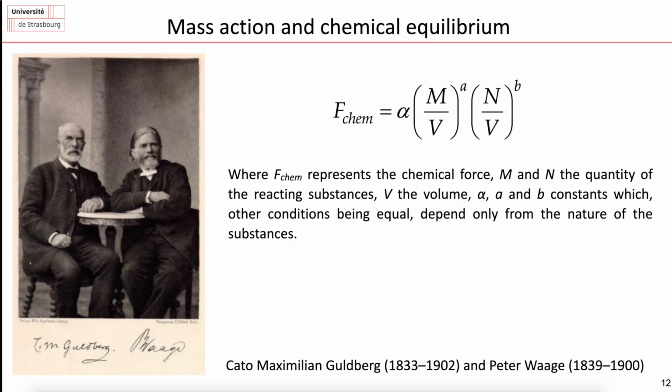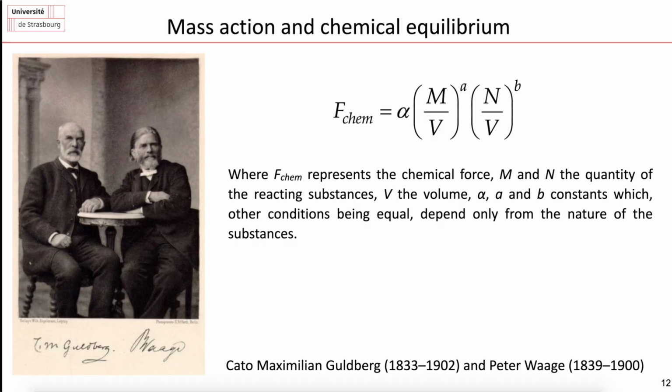So they were representing F-chem, which they call the chemical force, and then M and N are quantities of some substance that will react, and they divide it by volume. So these are concentrations.